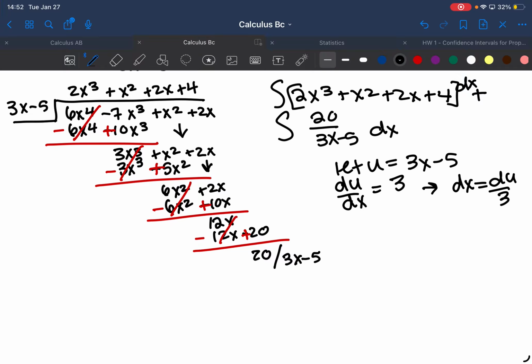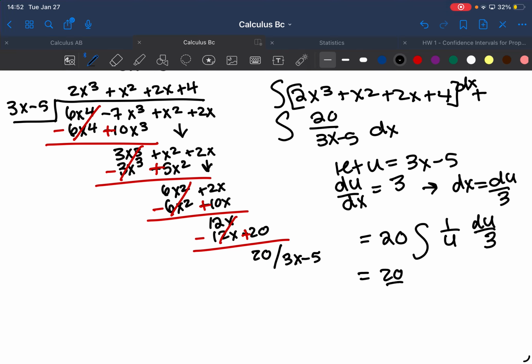Okay. Then I plug everything in. But before I plug everything in, what can I do with that 20? Bring it to the outside. So this is equal to 20 integral of 1 over u du over 3. Which means I can also take out a what? 1/3.